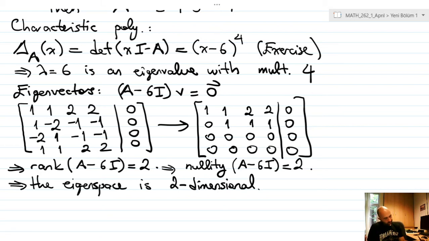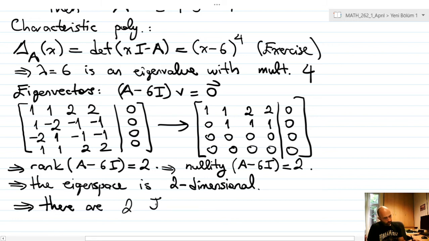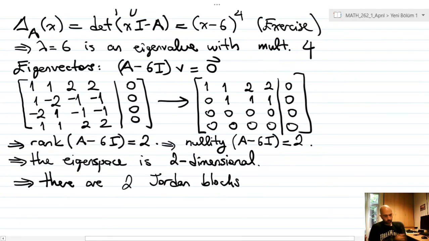So this tells us that there are 2 Jordan blocks for this eigenvalue, but this is the only eigenvalue, so we have exactly 2 Jordan blocks. Okay, it's quite a general fact and it's quite helpful.